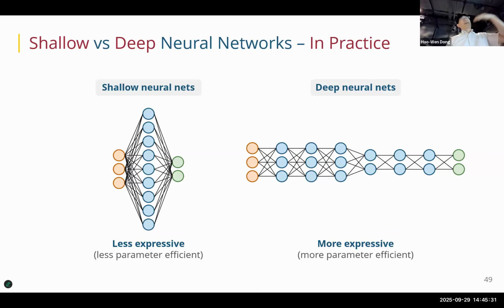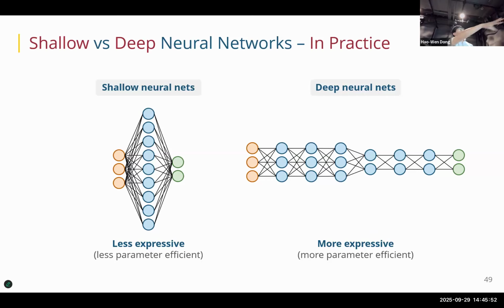This is usually the case in practice. There is a lot of machine learning theory looking into why this is the case. But in practice, as you will see when you train the model, the deeper it goes, the more expressive it is, but it's much harder to train, as we will see later.